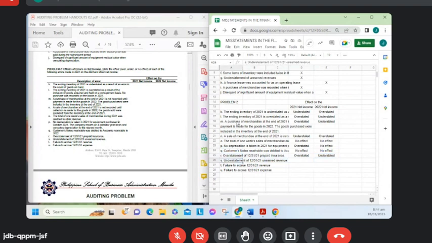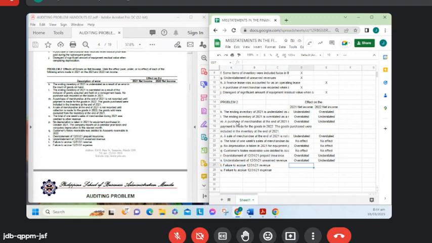So letter S, understatement of 2021 unearned revenue. It means there is an overstated revenue that resulted in an understated unearned revenue. That will result in an overstated net income. Come 2022, it's an understated net income. So it is a counterbalancing error. Letter T, failure to accrue December 31, 2021 revenue.